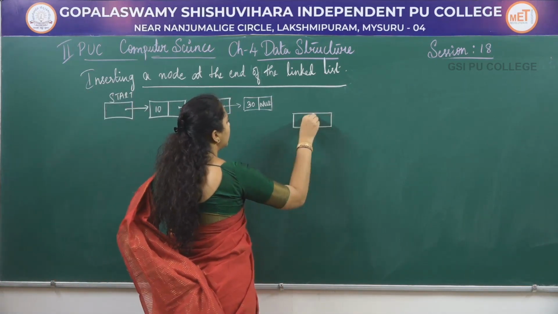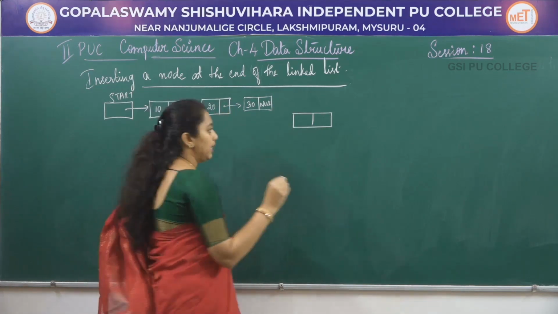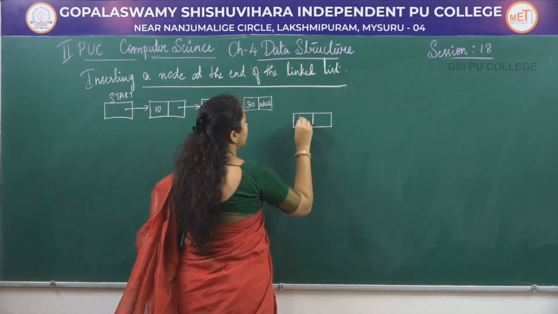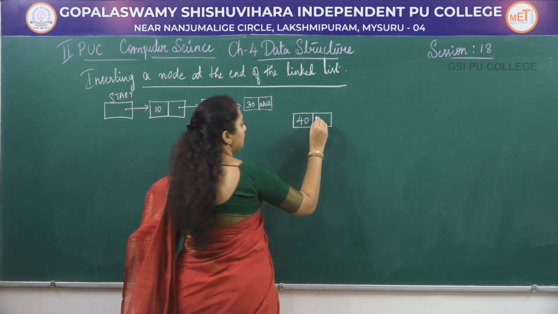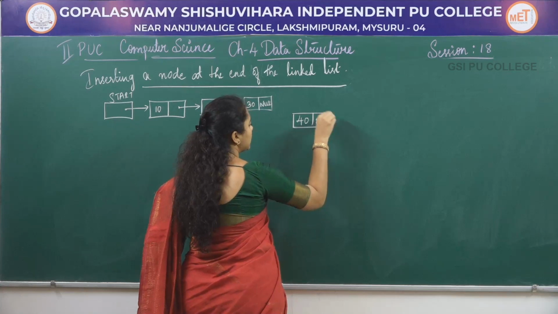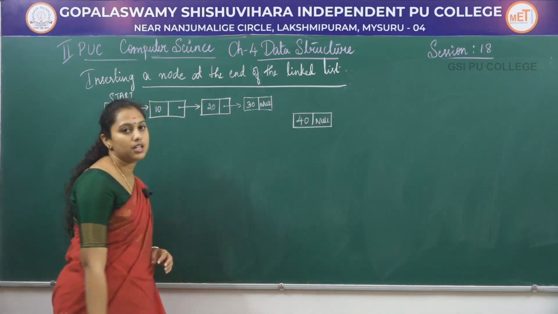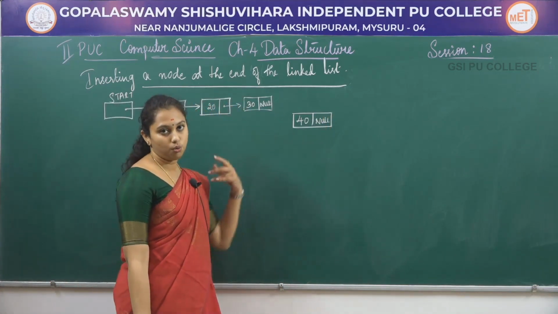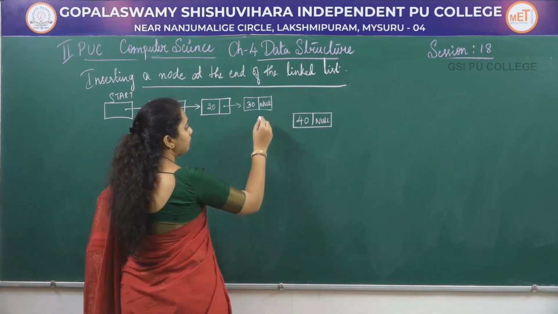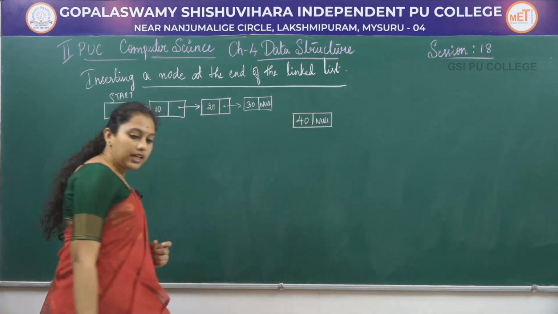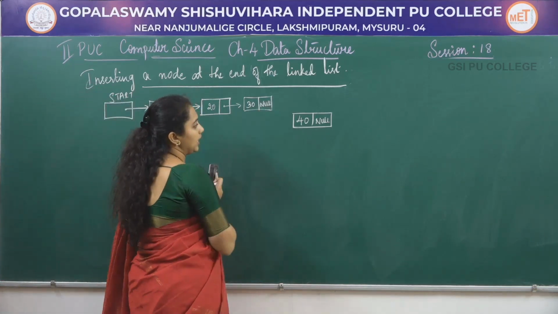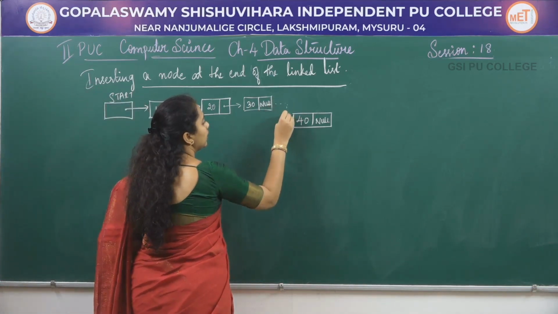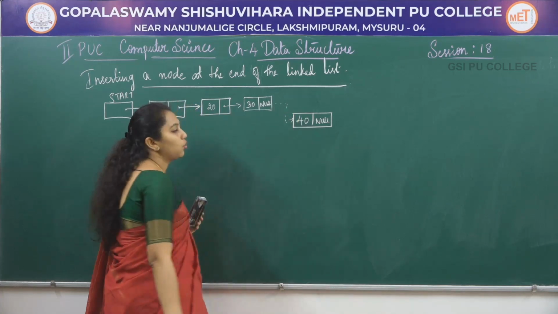First we have to create a node. So in the data part, I am going to insert an item called 40, and in the link part I am going to write null, which represents the end of the node. Now I have to create a link from the third node of the linked list to the newly created node.